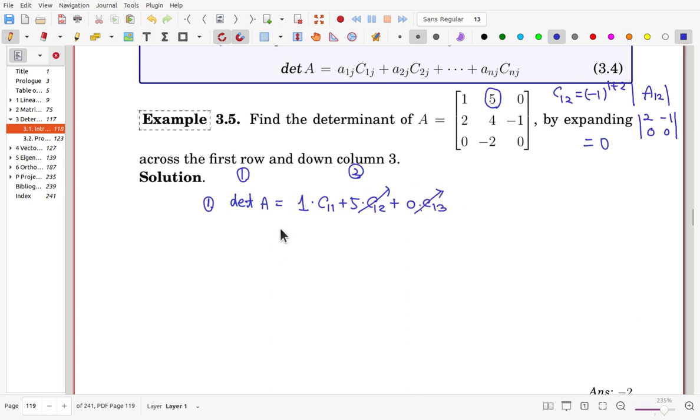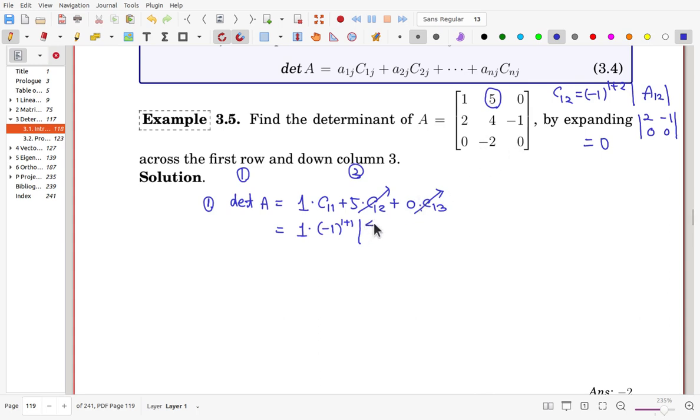Now the only one required is C11: 1 times minus 1 to the 1 plus 1. And here the minor, the submatrix, is obtained by eliminating the row and column of this position. The remaining part is 4, minus 1, minus 2, 0.